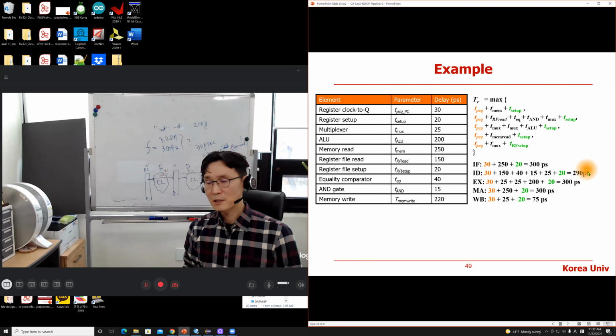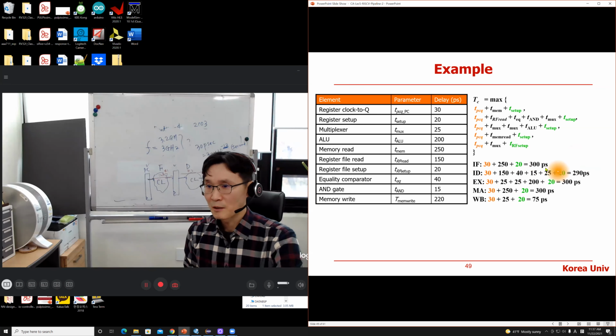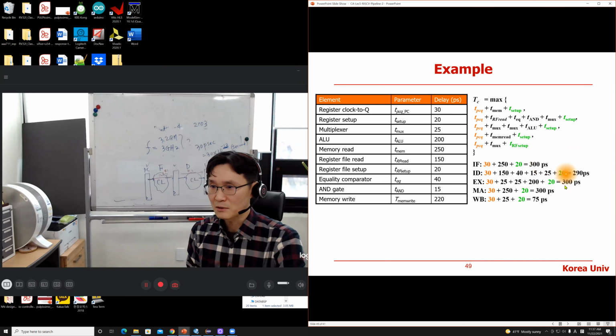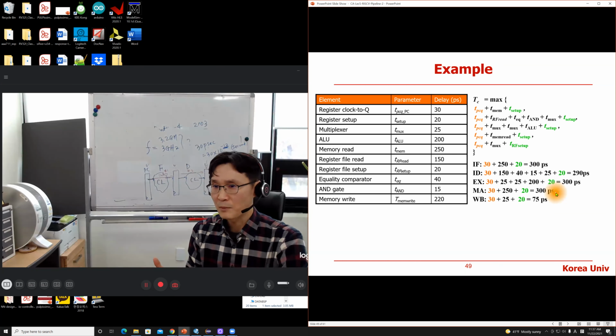So in this particular implementation, fetch stage, so 300, these three paths are the longest. Same delay, longest path, right? So clock frequency is determined based on these three: fetch stage, execution stage, and memory access stage, right?